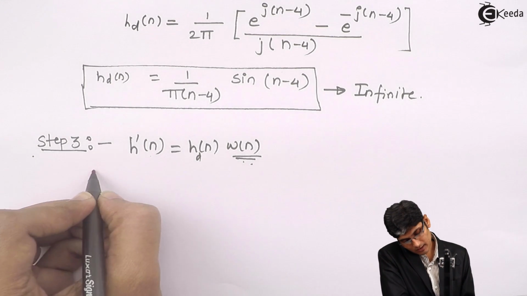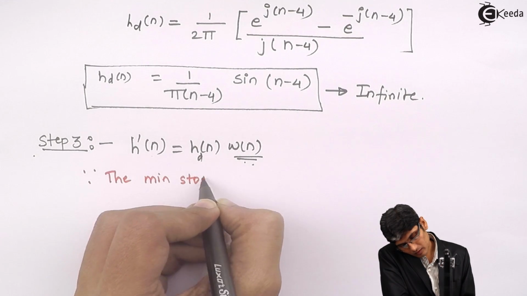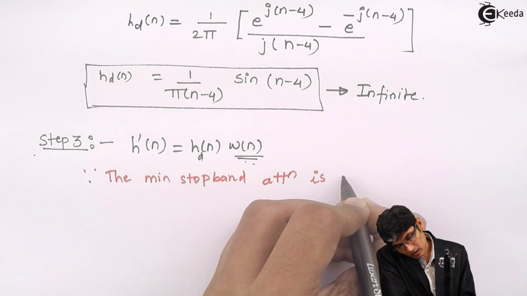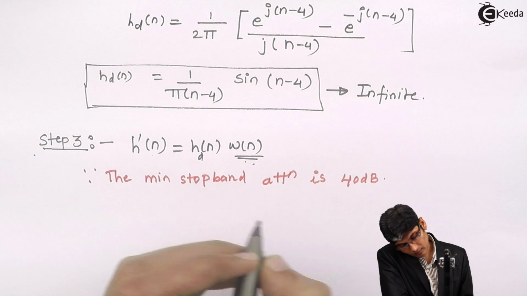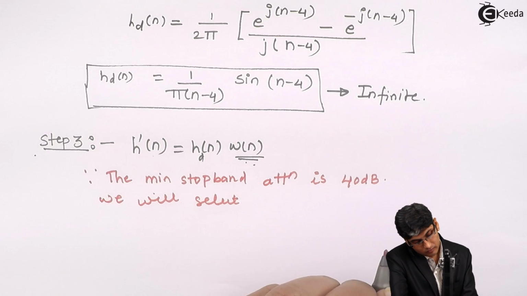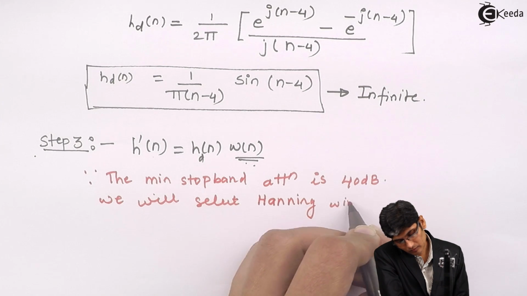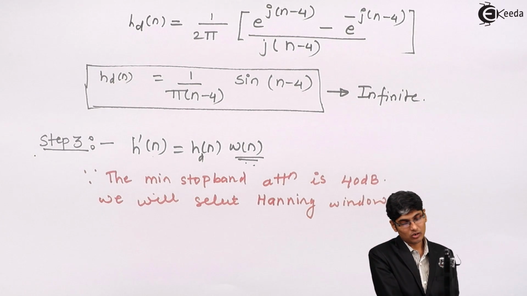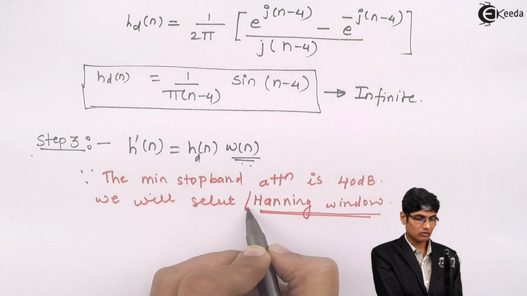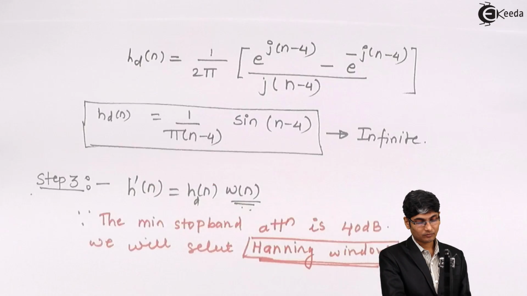So since the minimum stop band attenuation is 40 dB, we will select the Hanning window, because Hanning gives me 44 dB of attenuation. Okay, so this is how we normally select the window for a filter.